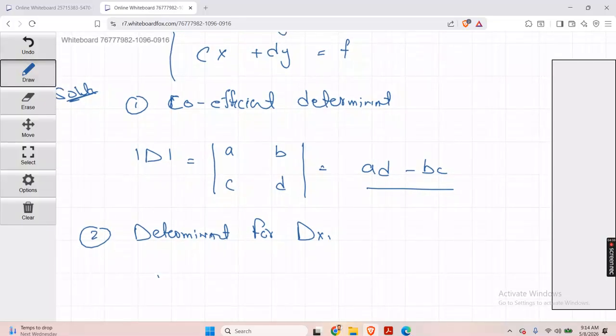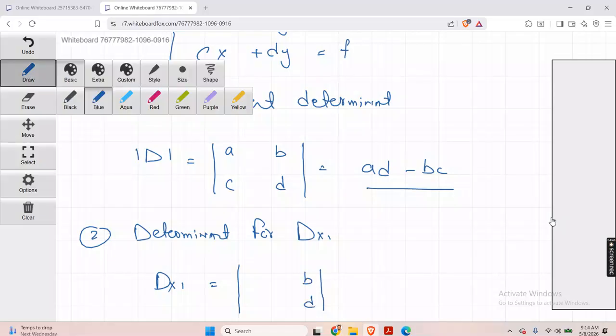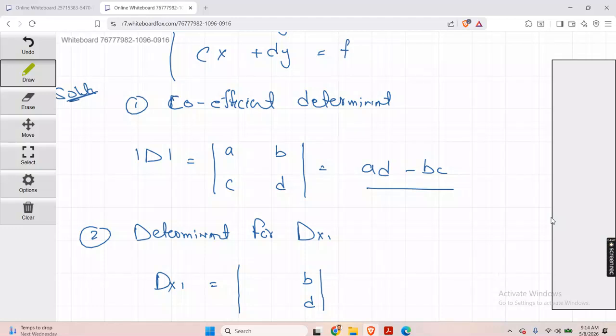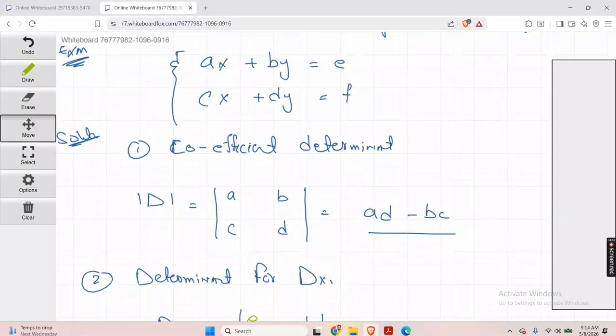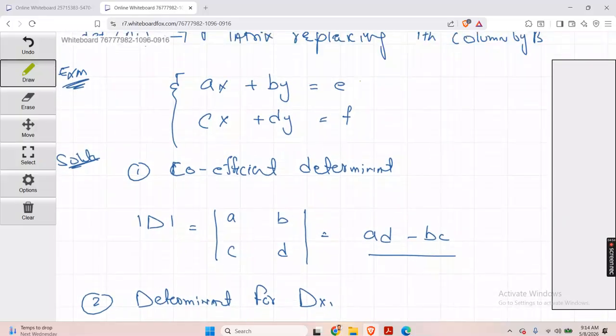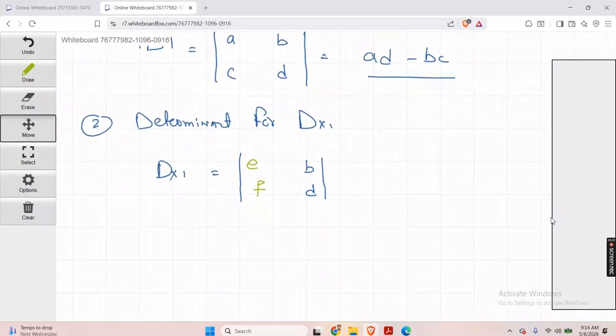Now to find dx1, b d will remain the same here, b d. This will change this column, e f. What is e f? It will be given in the question, these constant values. So from here you will get ed minus bf, another determinant.